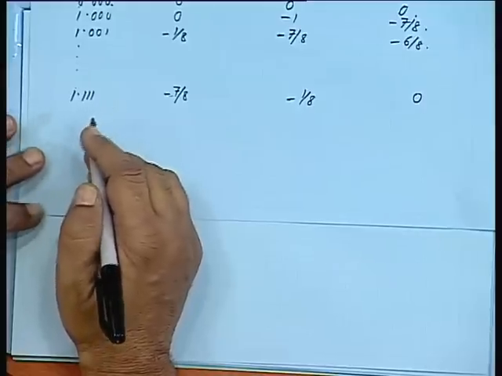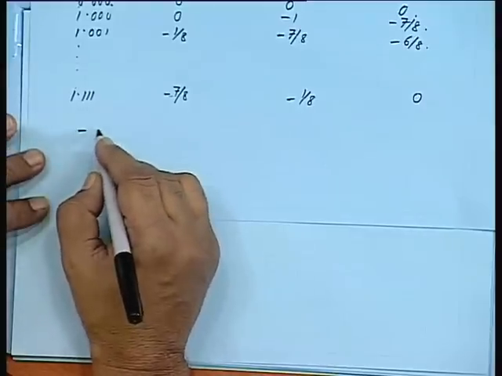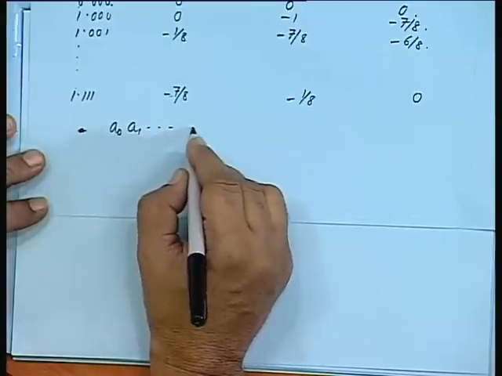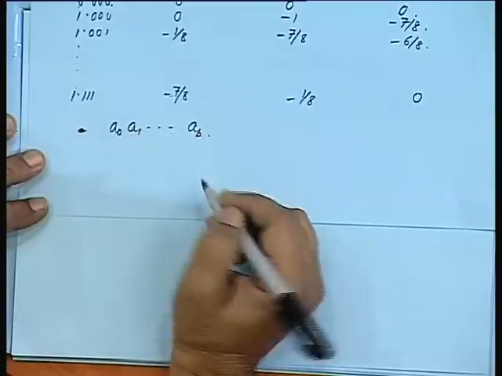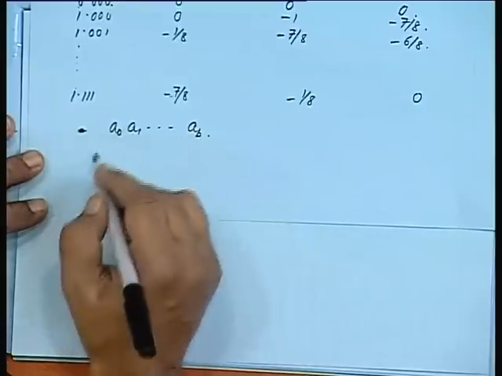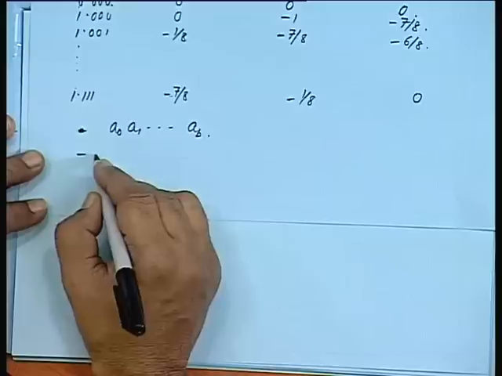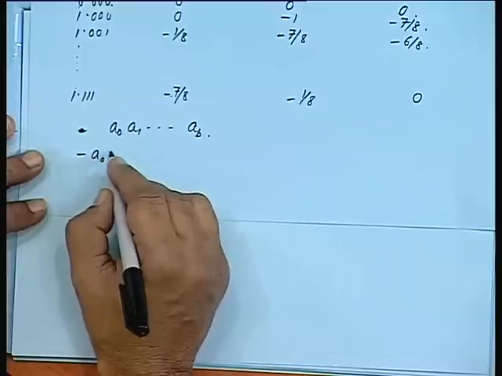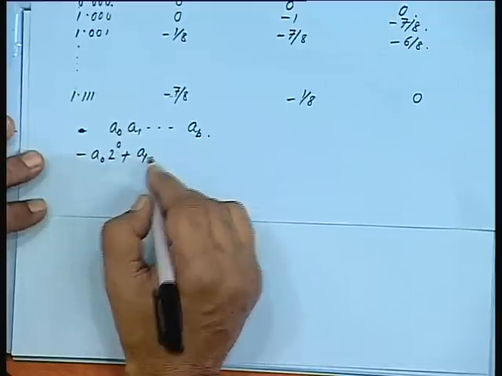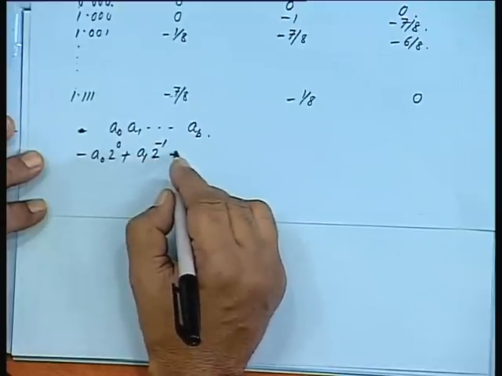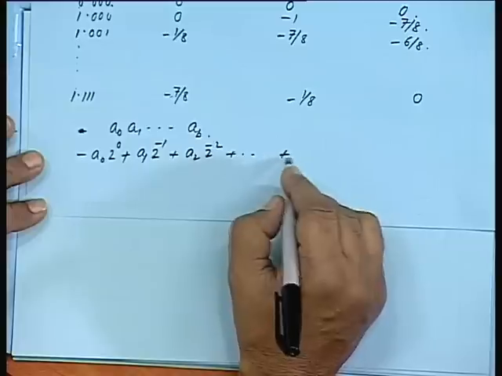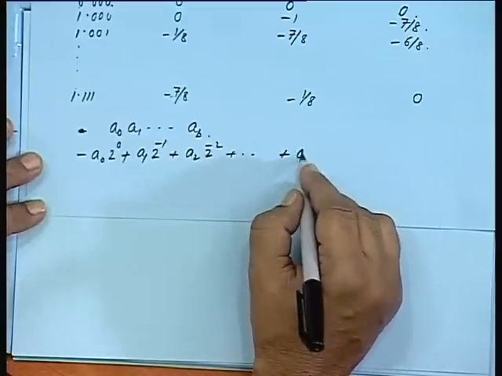So, in general, suppose we have A0, A1 up to AB, that is B number of bits. Total number of bits is B plus 1. Then the number in 2's complement is minus a0 times 2 to the power 0 plus a1 2 to the power minus 1 plus a2 2 to the power minus 2 and so on. Okay.